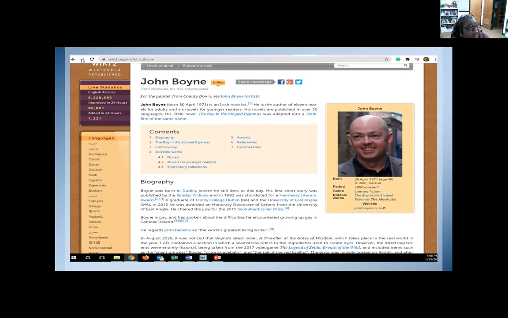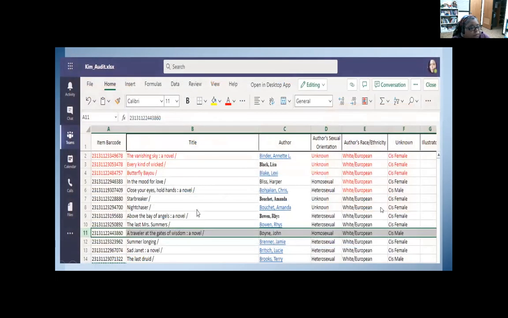So I had a lot of good information that I could use for my spreadsheet. So I went back to my spreadsheet and I started using the drop boxes and filling things in. So there's the information on the author.